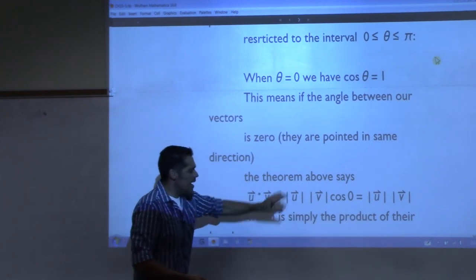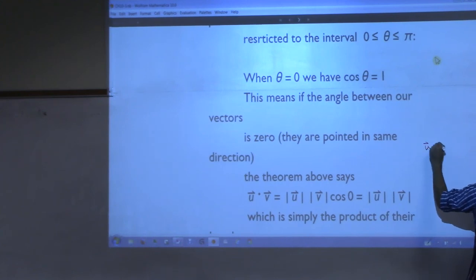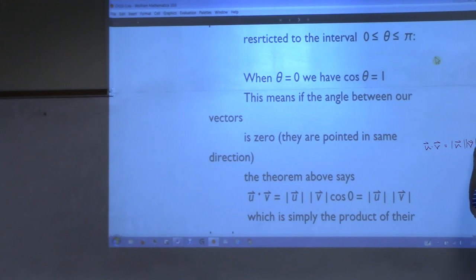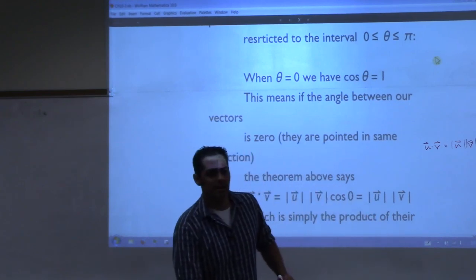And in the formula I had up on the board a second ago, u dot v equals magnitude of u times magnitude of v cosine of theta, if theta is 0, this is 1, then the dot product is actually just the product of the lengths of the vectors. That's all the dot product would mean if they were pointed in the same direction. Still, who cares, right?